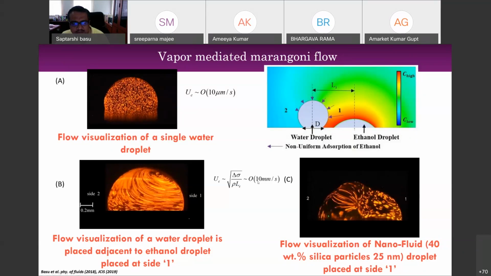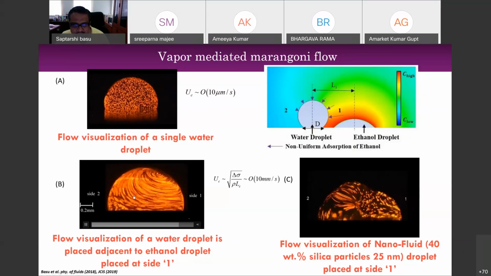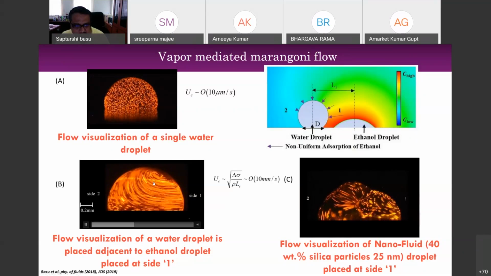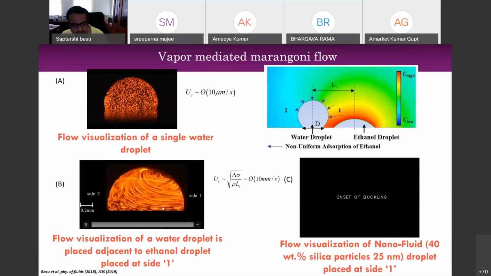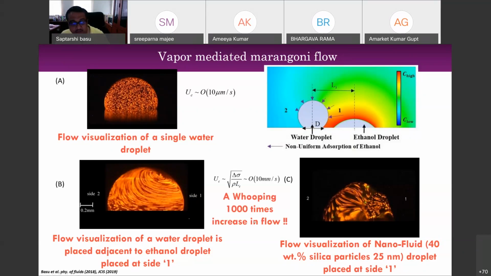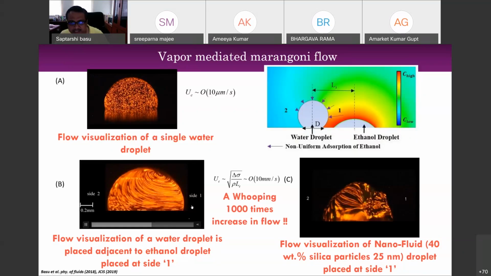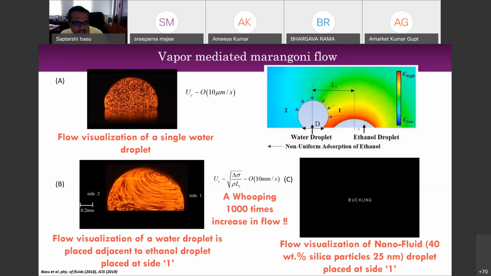This is of the order of 10 millimeters per second. For a single droplet, this is a huge flow rate, and it can enhance mixing and reagent reaction by quite a bit. That is a whopping 1,000 times increase in the flow velocity. We have not done anything other than putting an ethanol droplet to the side, so this is completely vapor mediated.